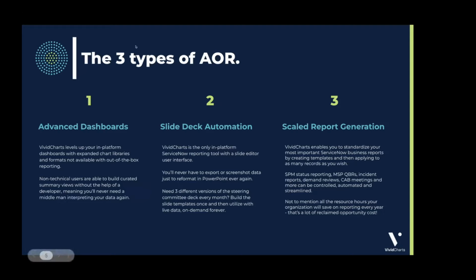We have advanced dashboards, which pretty much every reporting tool out there supports. So, self-service views includes charts, filter types, etc. But the second two report types is where we start to really differentiate and also see a lot of manual effort and inefficiency for customers.